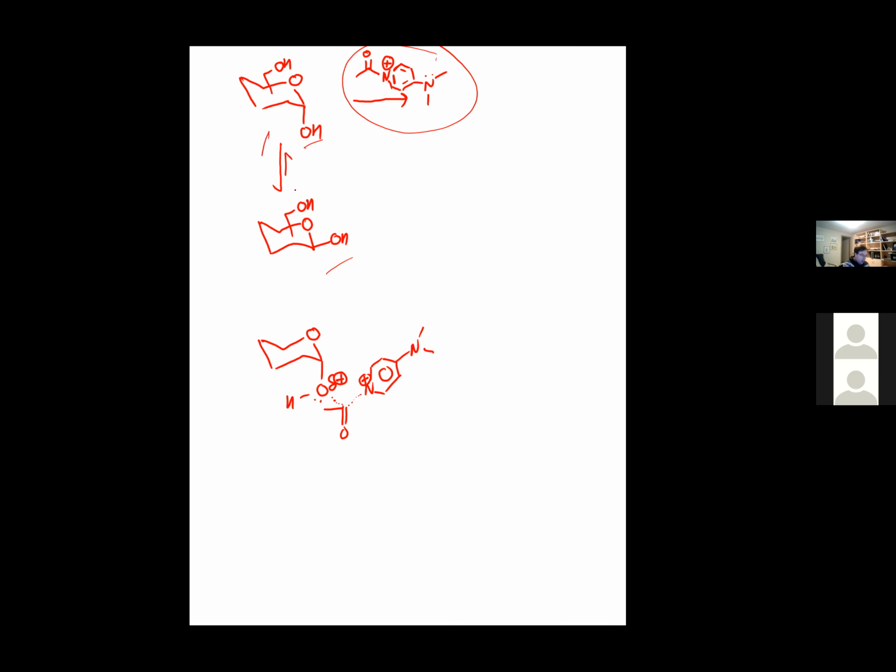So this equilibrium here is what happens when those guys are neutral, but they're not neutral in a transition state. The anomeric effect is stronger at the alpha than the beta.